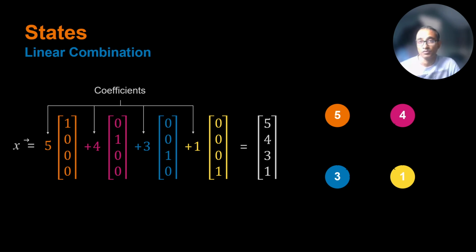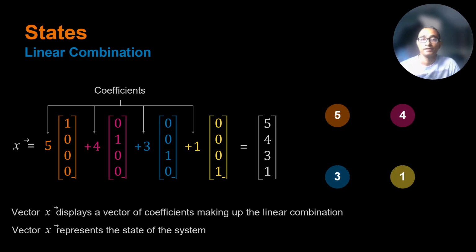Therefore, it is important that we pay attention to the coefficients which represent each vertex. We can take the vector of coefficients which makes up the linear combination, and this precise vector represents the state of that system.